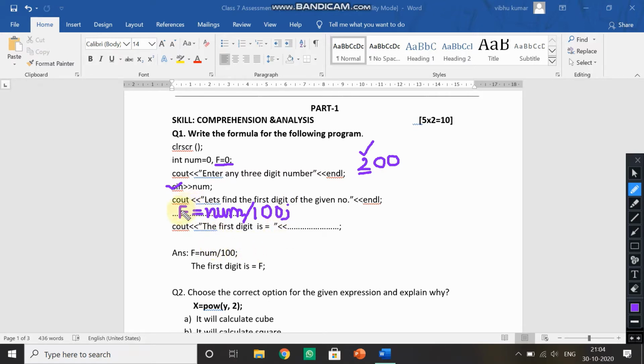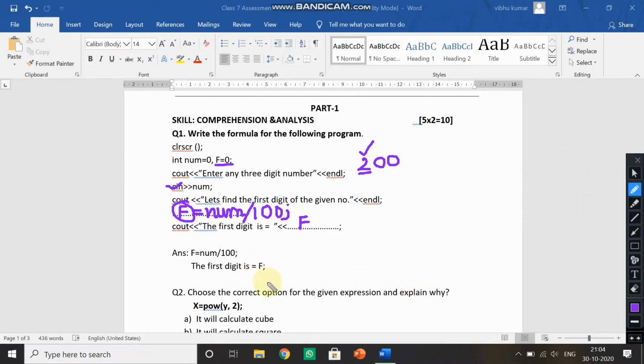Now your answer is stored in f variable. So see out, the first digit is equal to, in brackets, and the variable f will be printed. So this is the answer, f is equal to num by 100. The first digit is f. This is the output for this program.